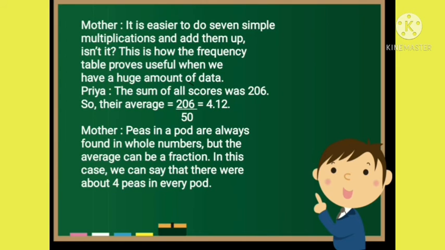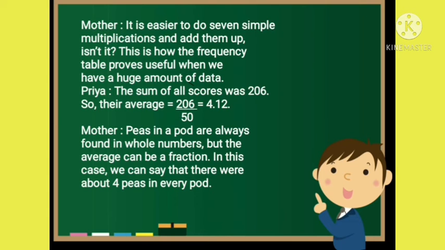Mother, it is easier to do 7 simple multiplications and add them up, isn't it? This is how the frequency table proves useful when we have a huge amount of data.